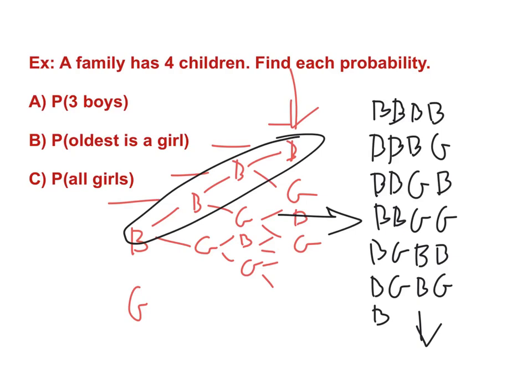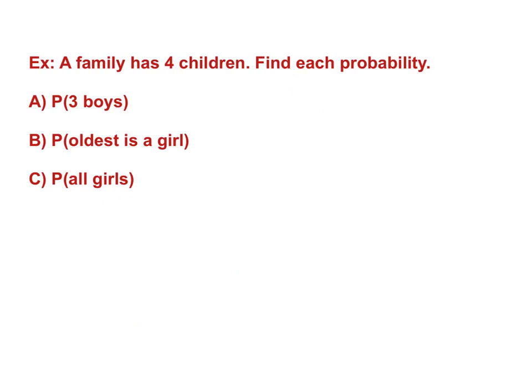So in all of these cases, I'm going to duplicate this real quick. Okay, so what we have to do is look at it this way. These are all out of 16. There's only one way for them to be all girls.